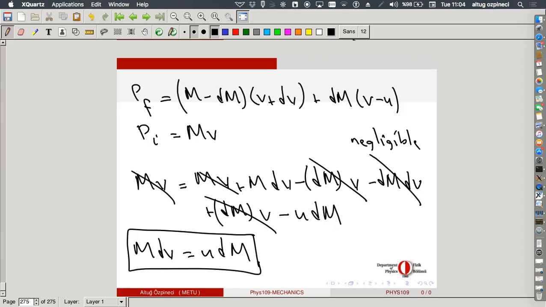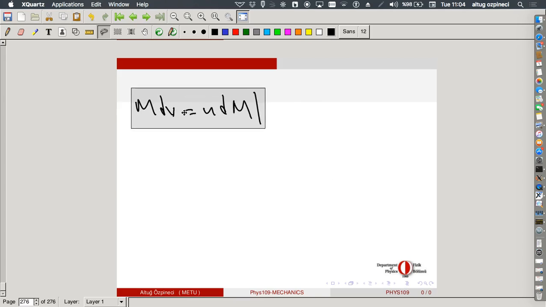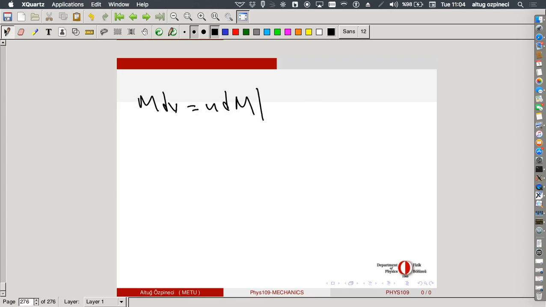Now we can do one more thing. We can, for example, just divide it by the time it takes. Now we can do various things with this one. So what this tells me is that, assuming that I look at my system for a very small amount of time, I measure the change in the mass, I measure the change in the velocity in a very, very small amount of time.